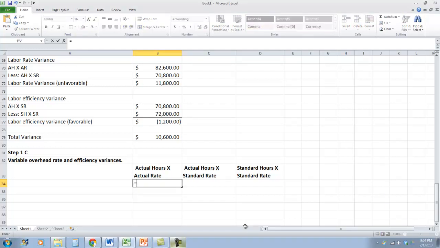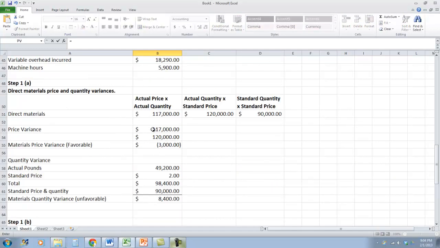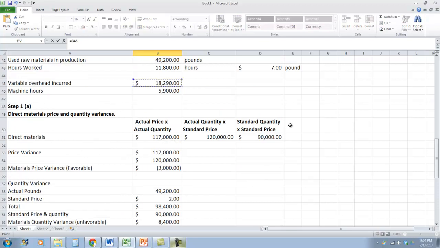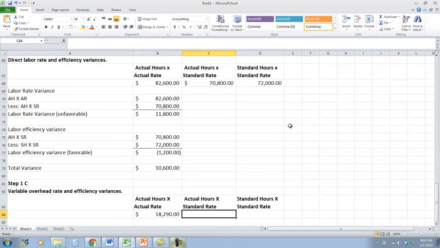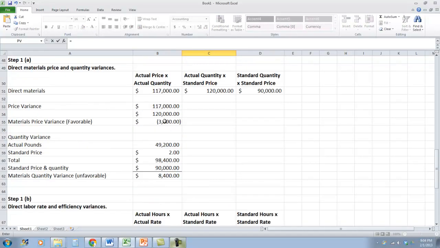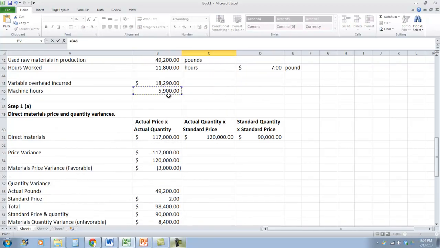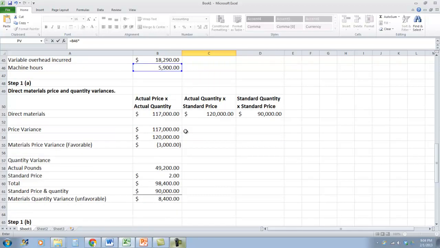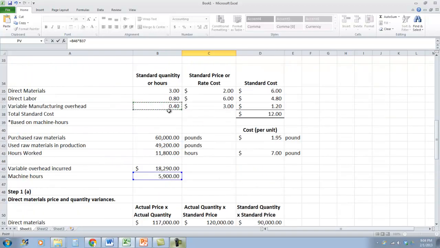Okay, so actual variable overhead was given to us in the problem as 18,290. Actual hours were 5,900, and our overhead rate given in the problem is right here.